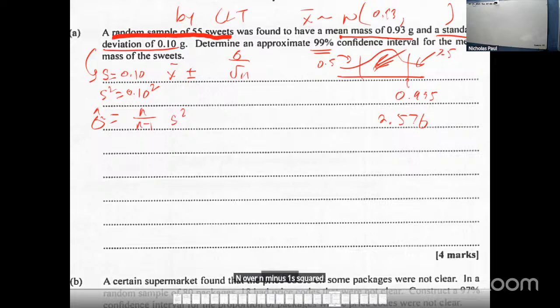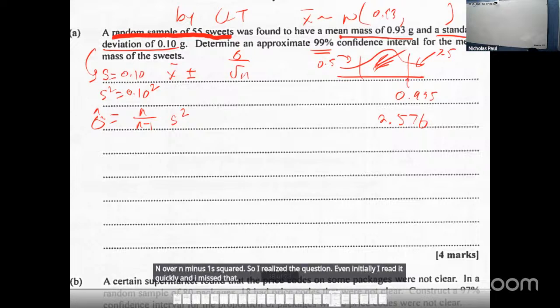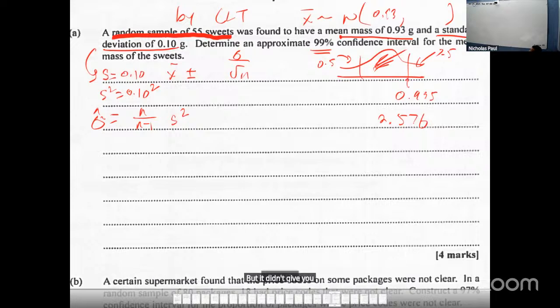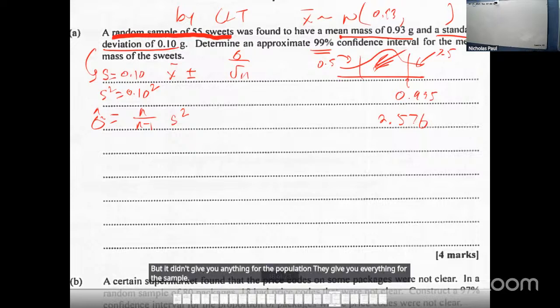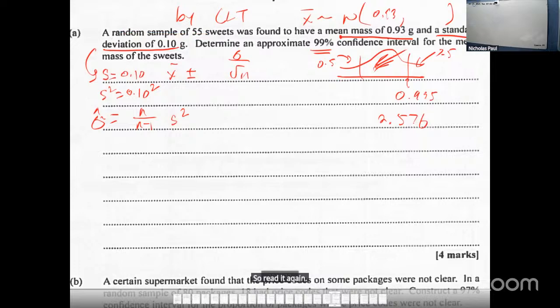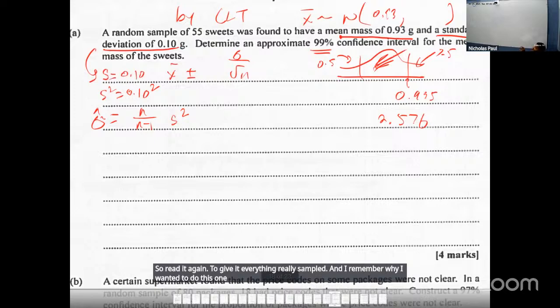I really like the question. Even I initially read it quickly and missed that. It didn't give you anything for the population. It gave you everything for the sample. So read it again. I wanted to highlight that.